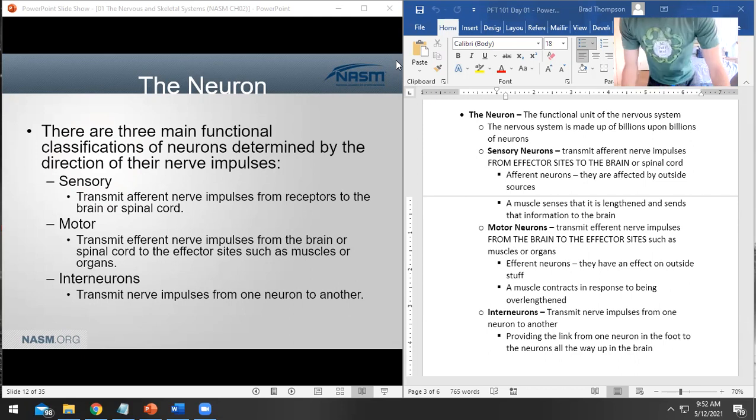And so that's what your sensory neurons do. If you touch something really hot, sensory neurons are going to pick up on that. We've got a lot of different types of sensory neurons. We'll be talking about those when we get into the muscular system. You've got some that are in charge of sensing tension. You've got some that are in charge of sensing the length of your muscles. You've got some that are sensing acceleration or deceleration, gravity, all kinds of different sensory neurons.